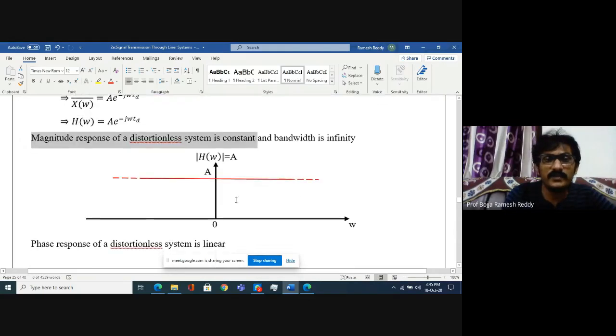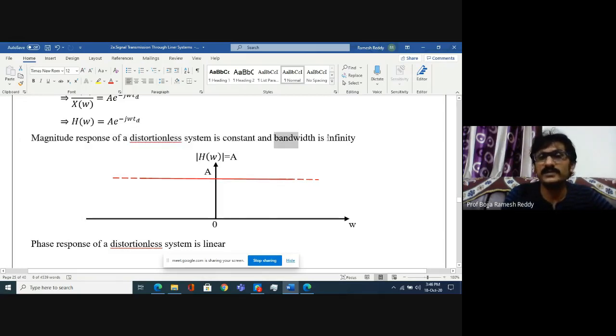Why is bandwidth infinity here? To calculate lower and upper cutoff frequency, take the maximum value by √2 and find the cutoffs. Definitely the upper cutoff is infinity and the lower cutoff is minus infinity because of the constant line, constant amplitude. Therefore bandwidth is infinity.